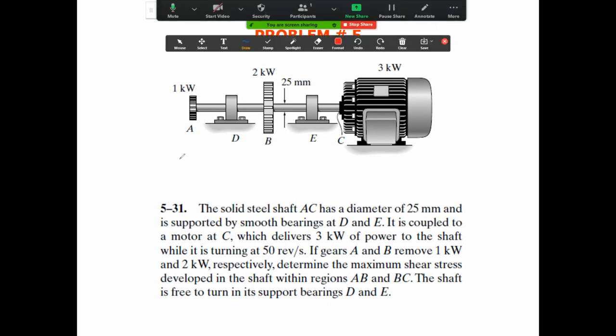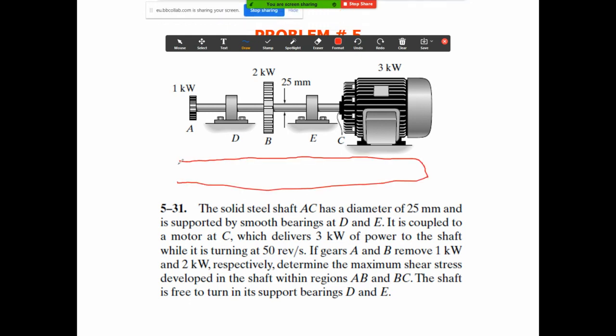Here, ya shabab, you have to keep in your mind that you have a shaft here. You can assume it in whatever direction. If you assume it in this direction, this will be the torque that will be produced at A from this power.